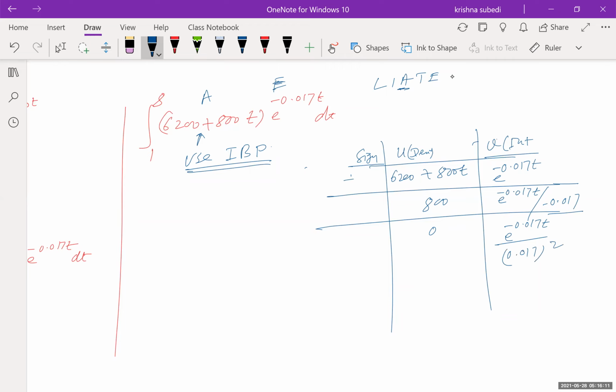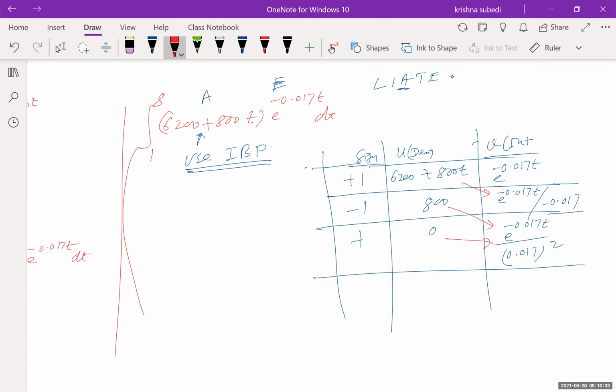The signs are positive, negative, positive. It's a little bit tricky, right? This question is a little bit trickier than the other one because there are two different scenarios.